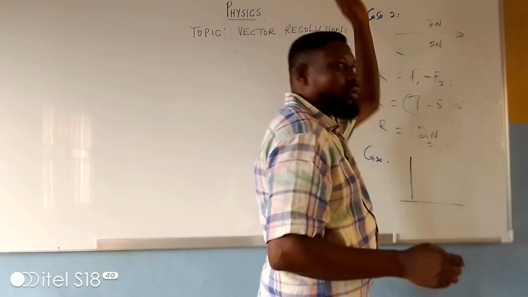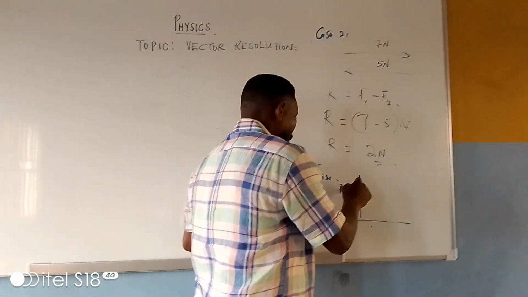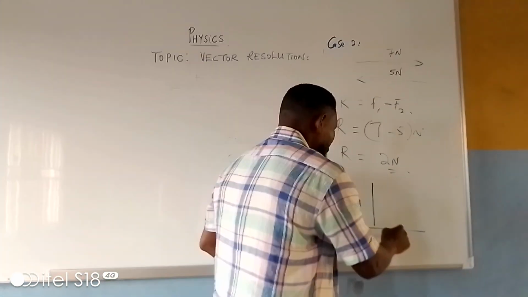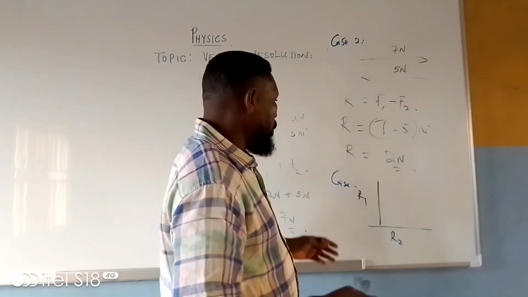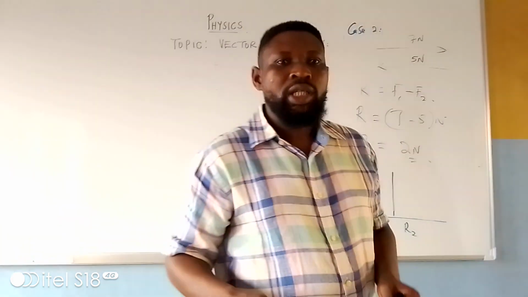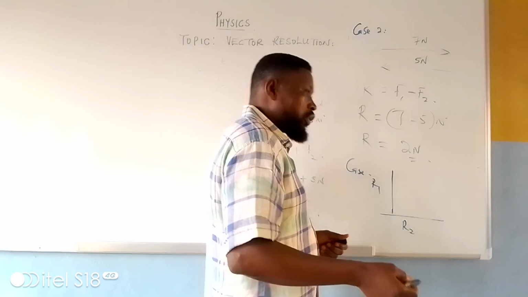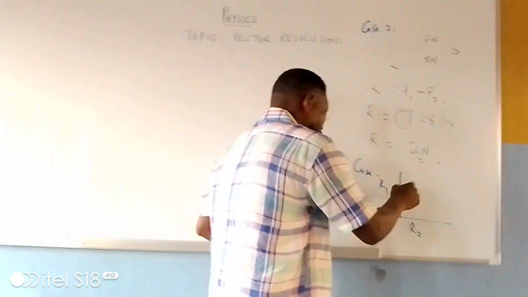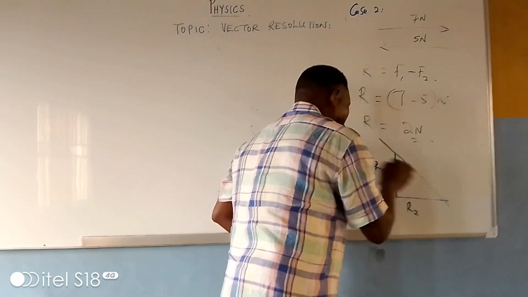So we can title the vertical force as R1 and the horizontal force as R2. Here we seek to know what the resultant force will be when these two forces are resolved together. And of course, you know that a diagonal is to be drawn.